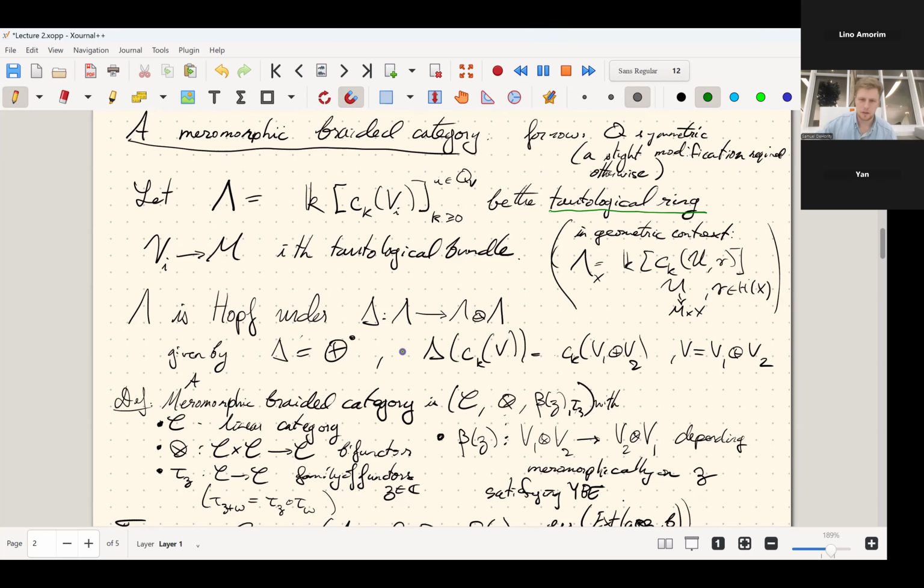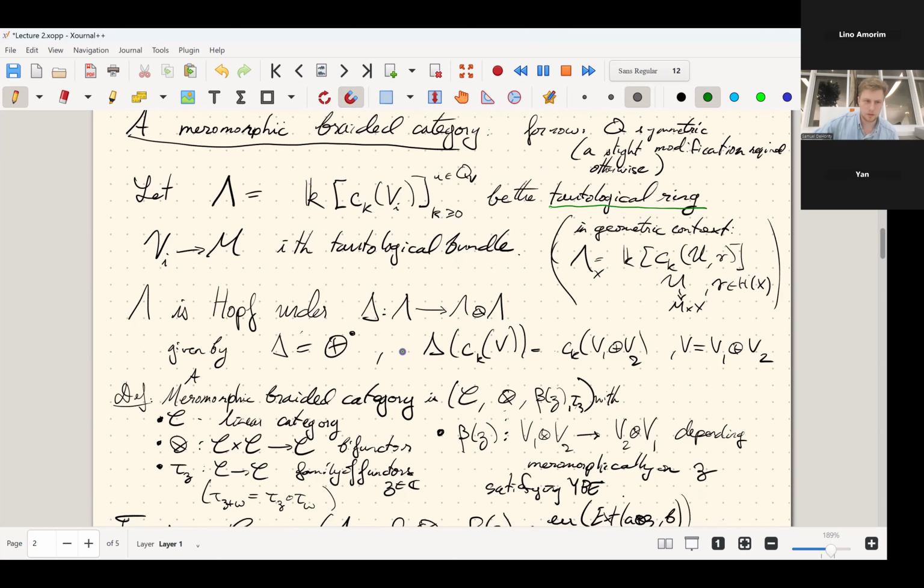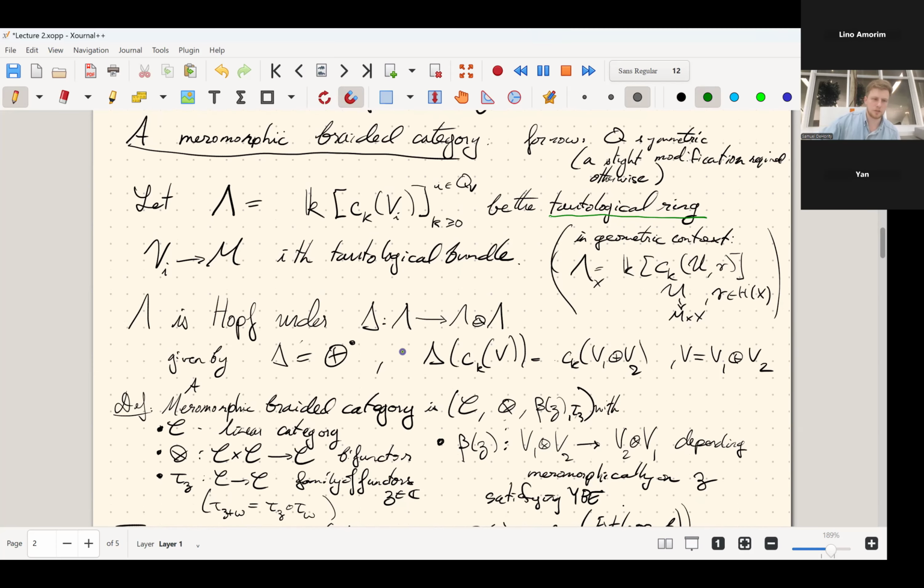So on our moduli stack, we get a tautological bundle, one for each vertex, which is just that vector space at that node, descended by the corresponding quotient with the natural group action on it.